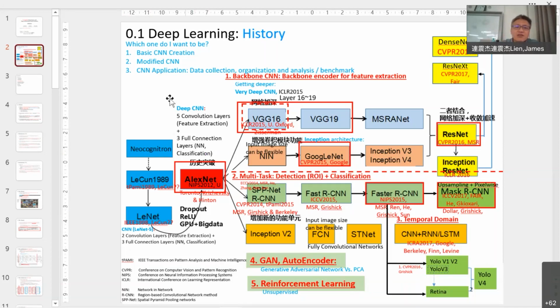So the first deep neural network is AlexNet because it has five layers. So that we call as deep. And VGG16 we call very deep because VGG16 has 13 plus 3 neural network. So 13 we call is very deep compared with the deep.